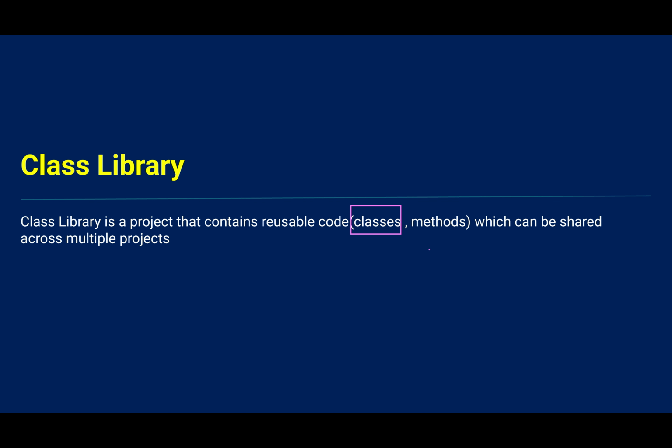Those are the advantages of the class library. So a class library is a project that contains reusable code, here classes, interfaces, methods, delegates, whatever, which can be shared across multiple projects.